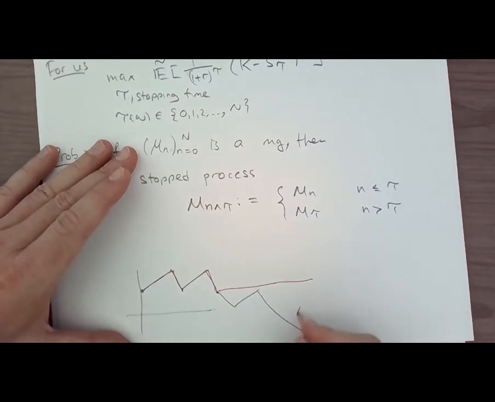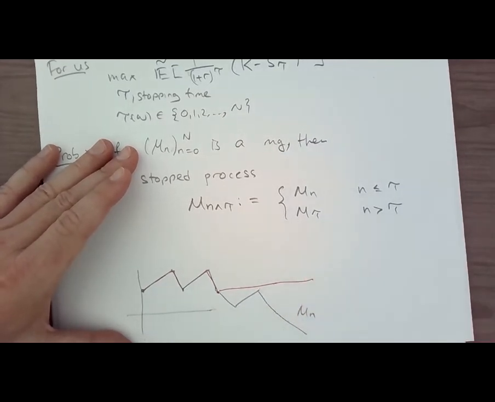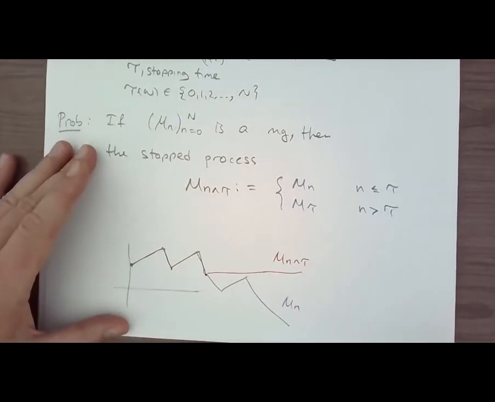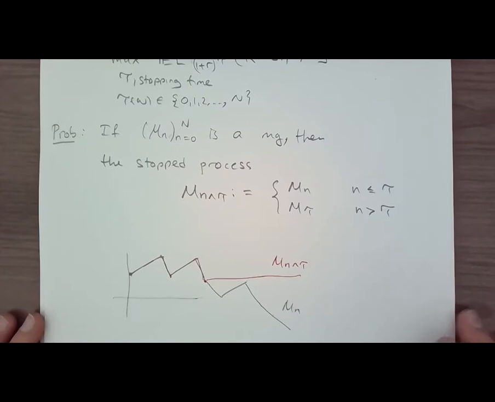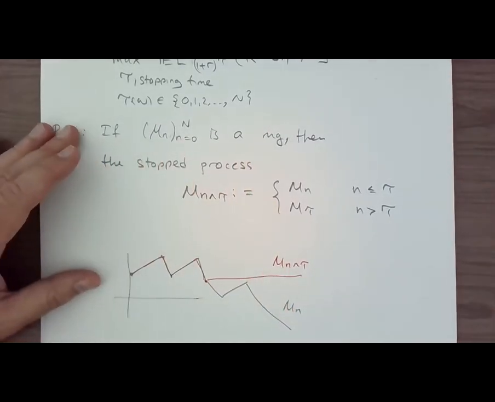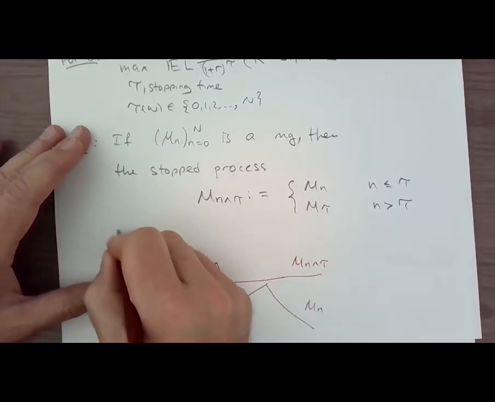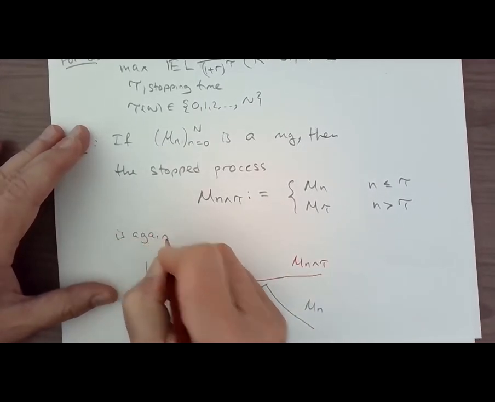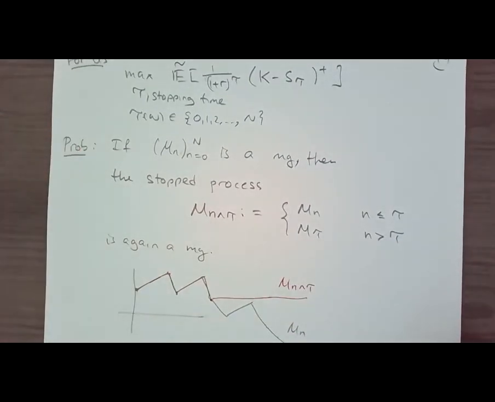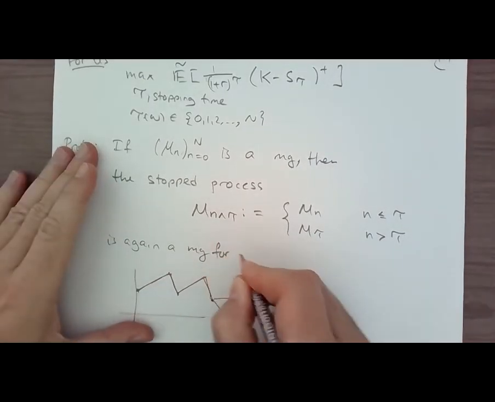So this would be my M_n, and the red one would be the stopped one. If M is a martingale, then the stopped process is again a martingale. This happens when tau is a stopping time. This is true for any stopping time.